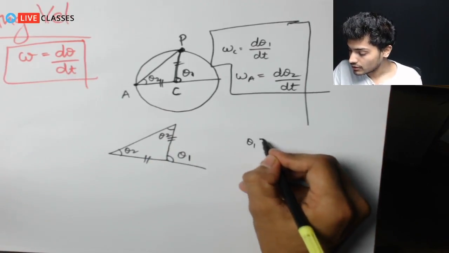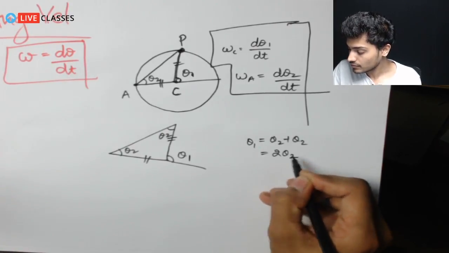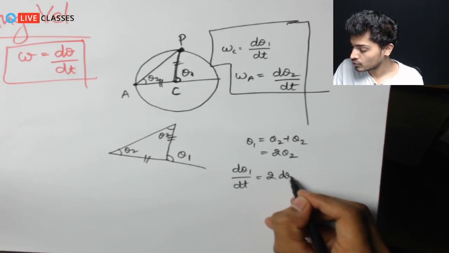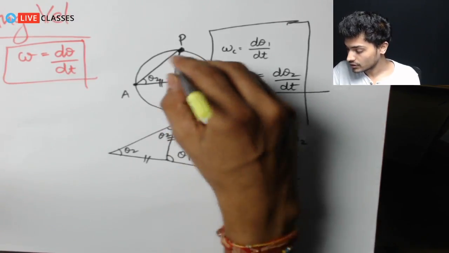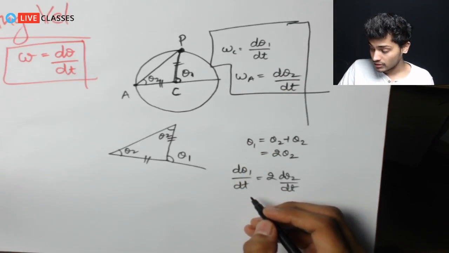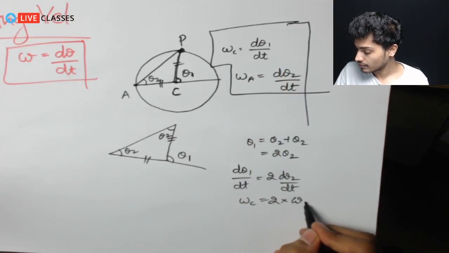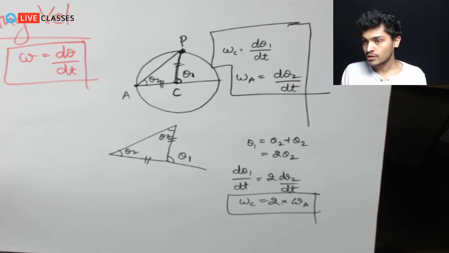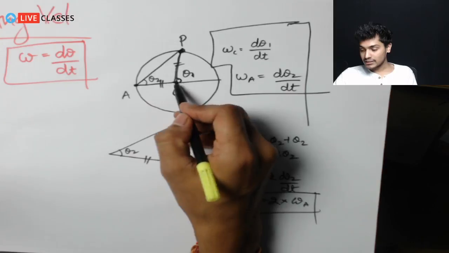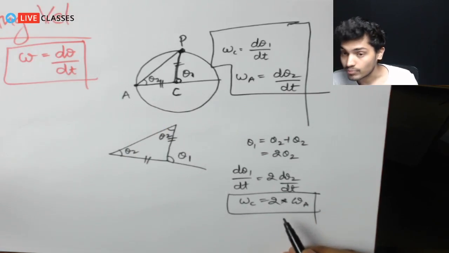So theta 1 is nothing but theta 2 plus theta 2, that is 2 theta 2. So d theta 1 by dt equals 2 d theta 2 by dt. Here we got the relation: d theta 1 by dt is omega C, and 2 into d theta 2 by dt is omega A. So here we see angular velocity at point C is twice of that at point A.